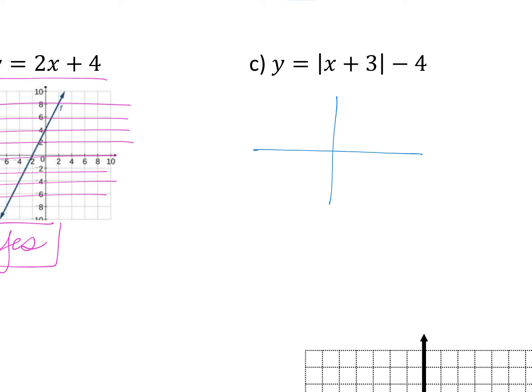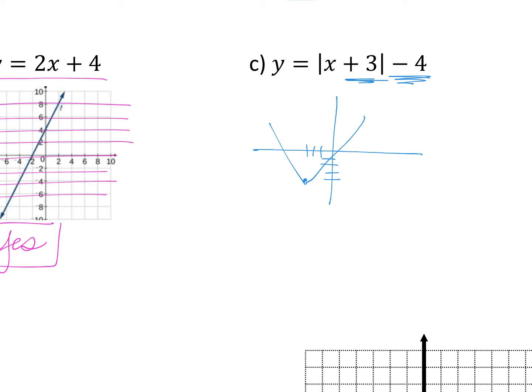It's right side up. Where did it move? Down 4, left 3, right? 1, 2, 3, 4. 1, 2, 3. Your vertex would be here. It looks something like that, okay? Don't worry if you didn't fully remember that. That's just me wanting to see what you got still.